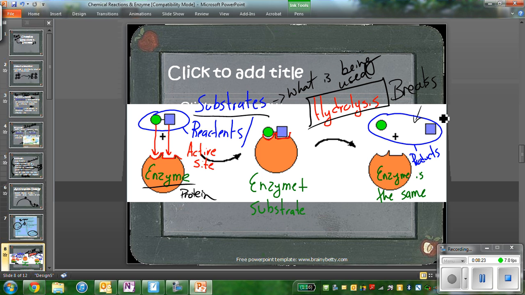The last thing you've got to remember about enzymes: enzymes bind with substrates, and then through a typical reaction, which you've learned about, hydrolysis or dehydration, you either make new products or you break products apart.